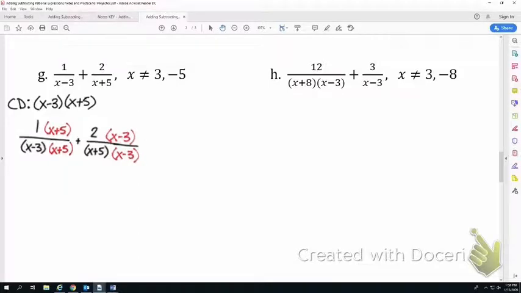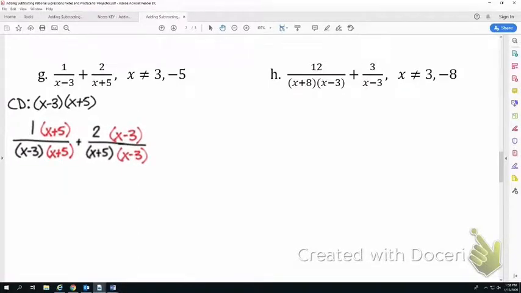So after that, I'm going to start to add my numerators. The first one I can distribute that 1 in there, which is not going to do anything, so I'm going to end up with x plus 5. This is an addition problem. Distribute that 2 in, so I've got 2x minus 6 over my common denominator.